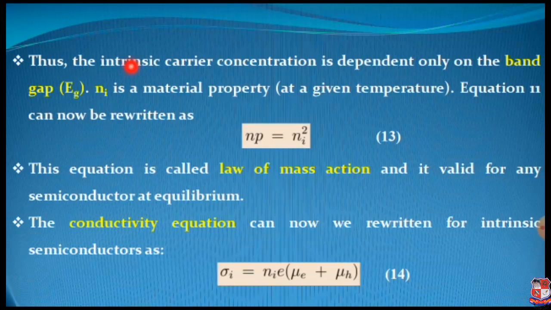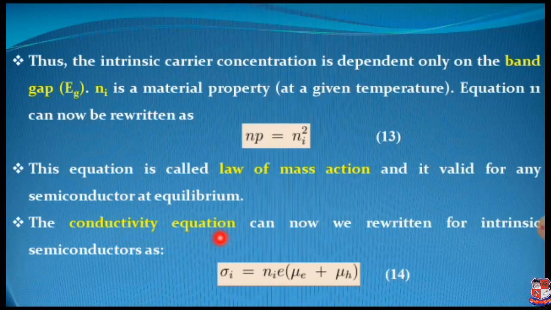Thus, the intrinsic carrier concentration is dependent only on the band gap, and ni is a material property at a given temperature. So we can now write n into p is equal to ni square, and this equation is nothing but the law of mass action of electrons and holes both, and it is valid for any semiconductor at equilibrium.